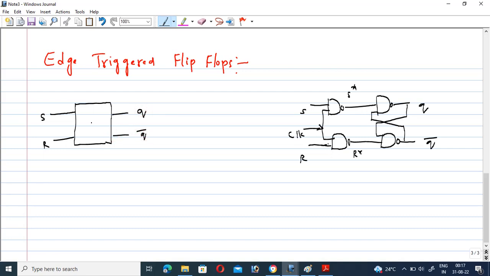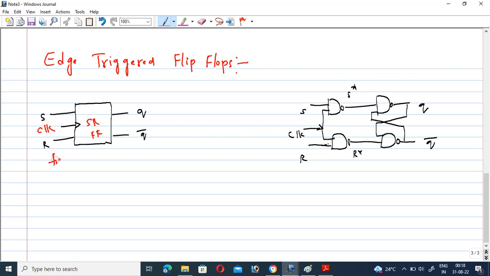It is an SR flip-flop, and it is nothing but an edge trigger. If the bubble is there, that is nothing but a positive edge trigger. It is an SR flip-flop with a clock signal.